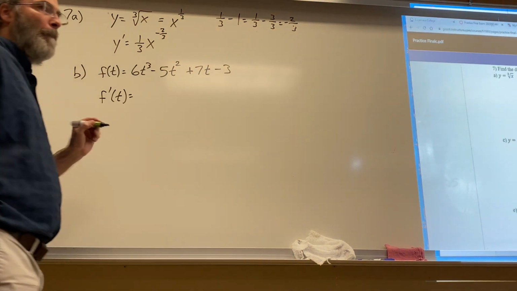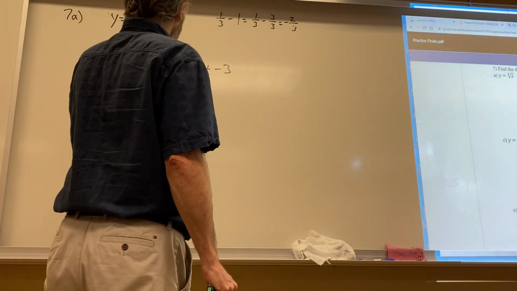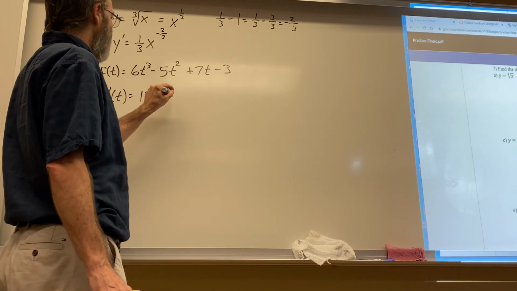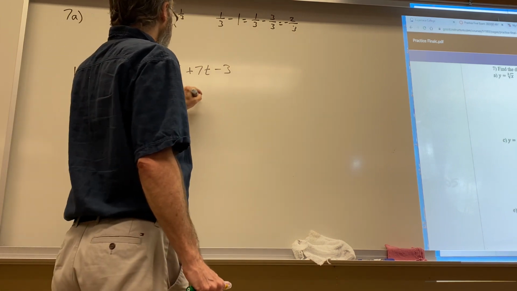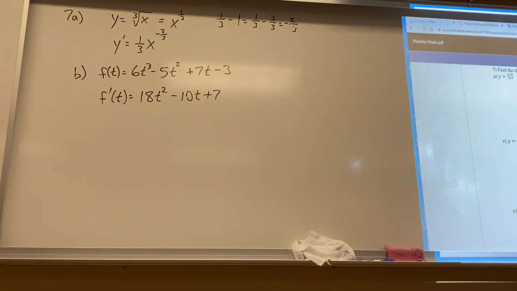Okay, so what are we gonna get? 18t squared minus 10t plus 7. Any questions there?